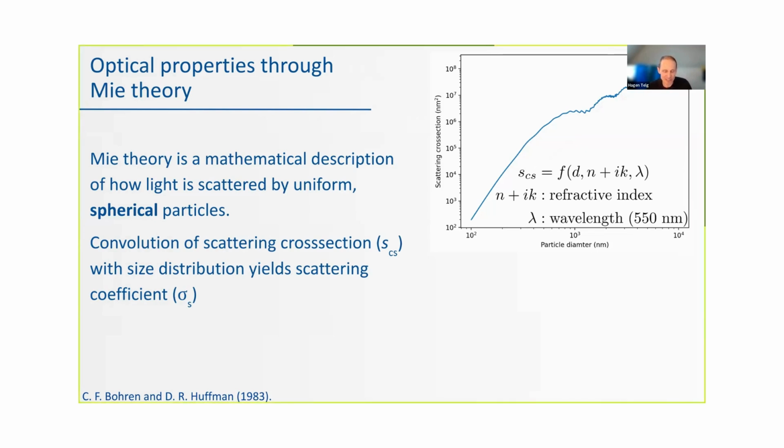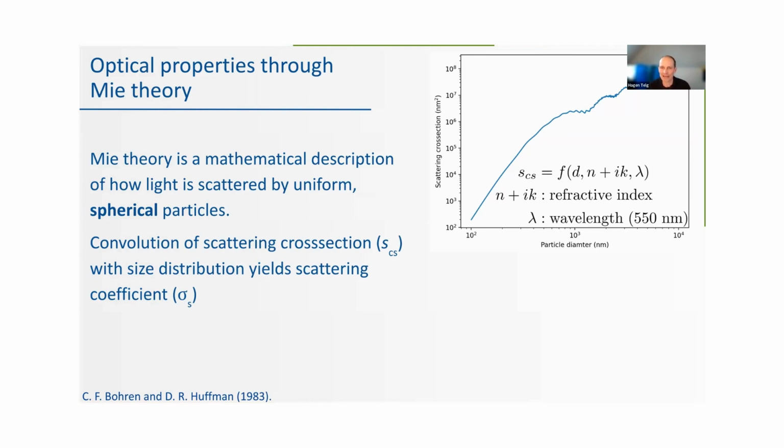And so the shortest definition of the Mie theory is that it is a mathematical description of how light is scattered by uniform spherical particles. So we already see that we will most likely run into an issue here, because I already mentioned that particles are not that spherical. But let's first discuss how you would use Mie theory to get your scattering coefficient.